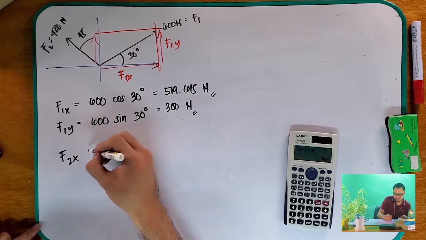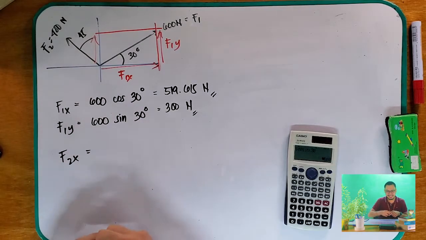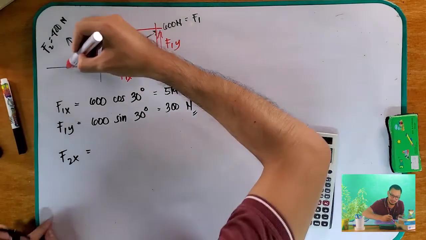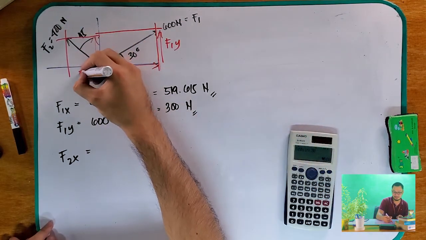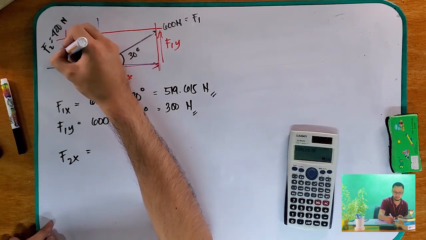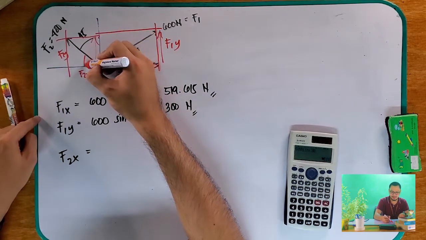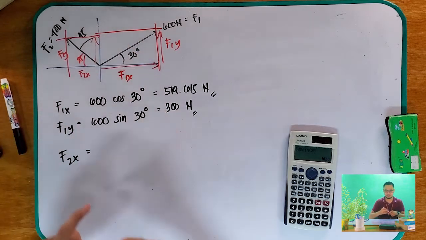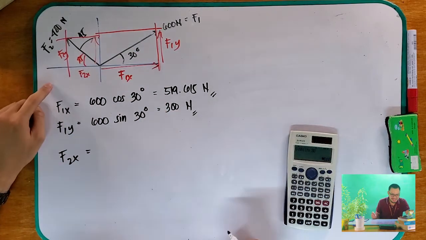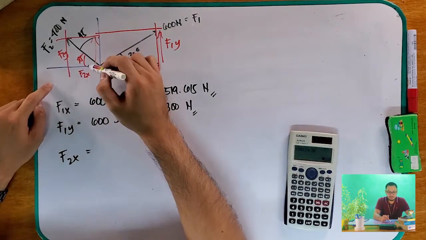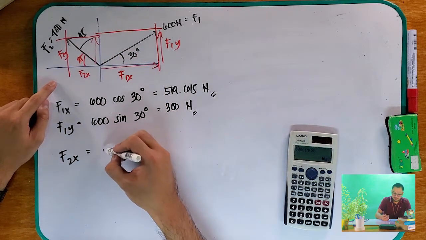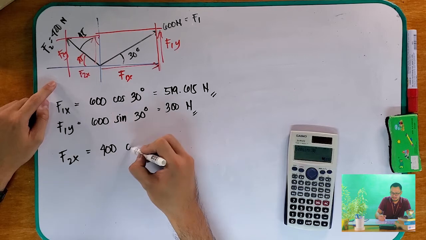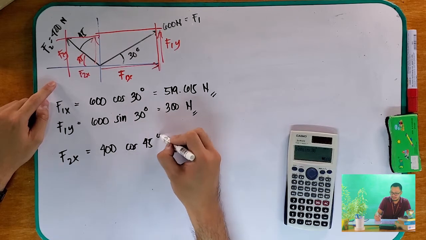Now, ito sa F2. F2x. So, again, still same application. We have to make a rectangle, and this is your F2x and F2y. This is your angle 45. So, 45 gyapon ni siya diri. So, apply gyapon ang same concept. F2x adjacent over hypotenuse. So, 400 cosine of 45 degrees.